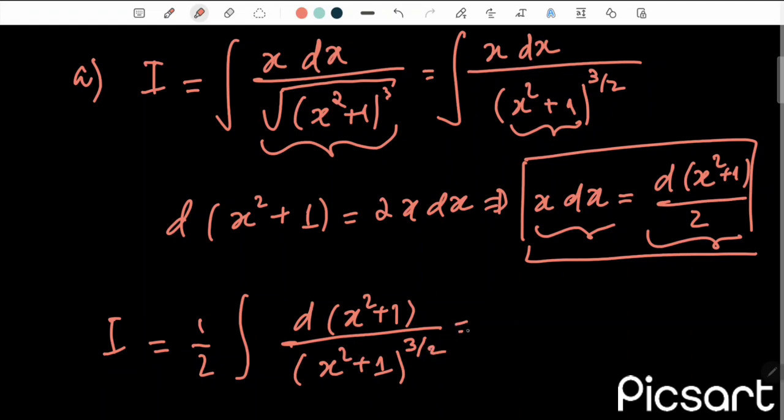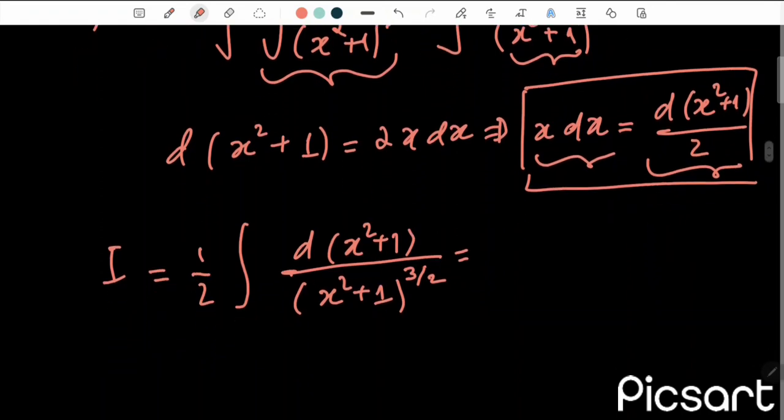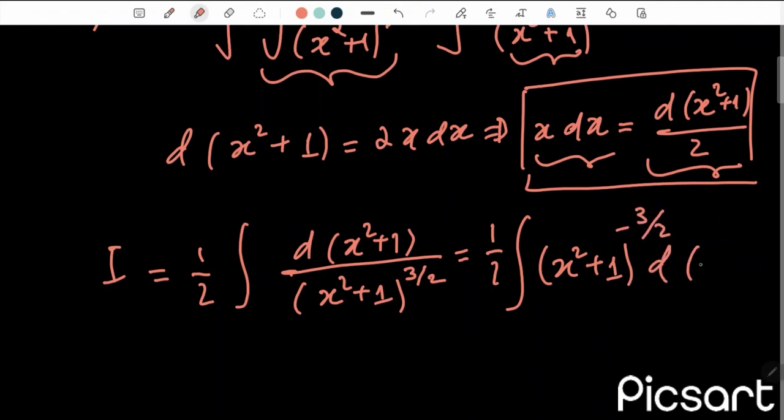And this is the same thing as 1 over 2 integral of (x squared plus 1) power minus 3 over 2 d(x squared plus 1).